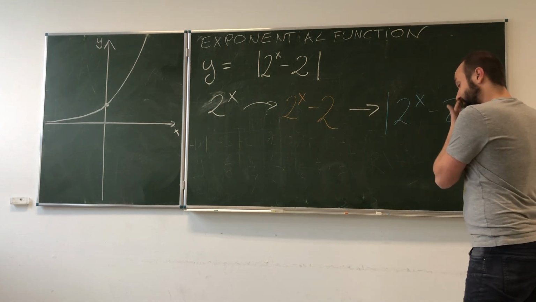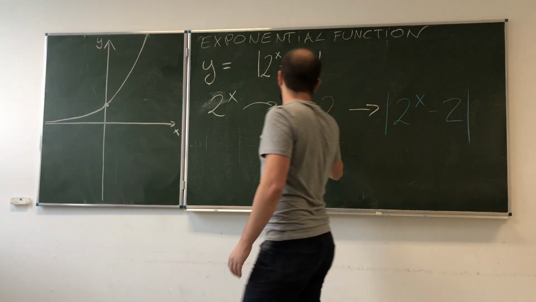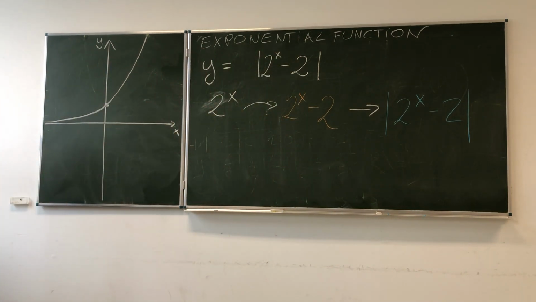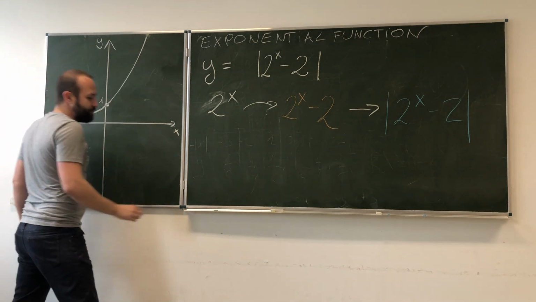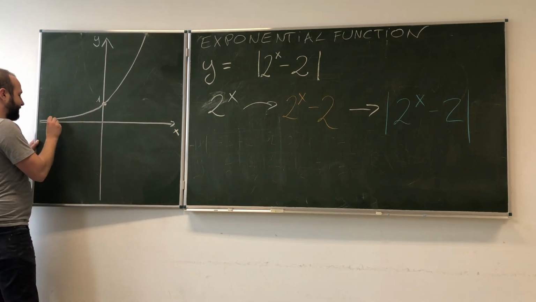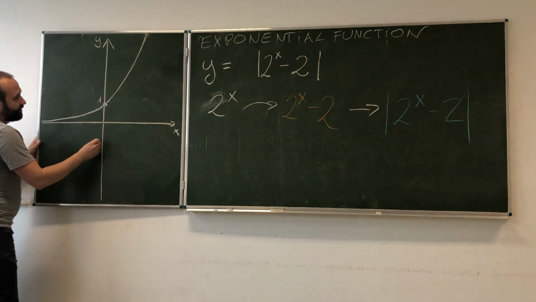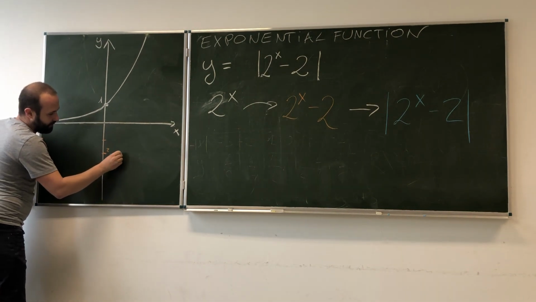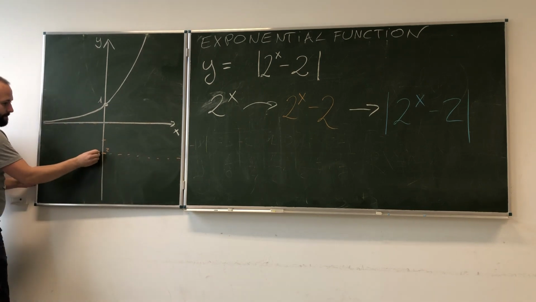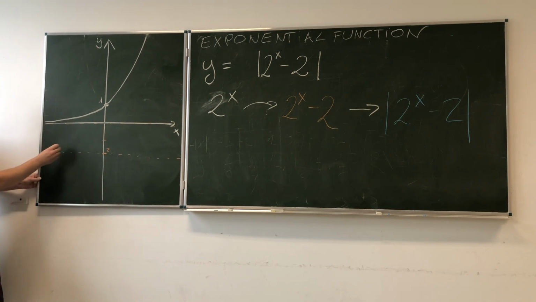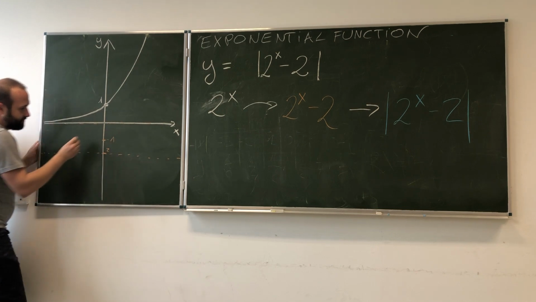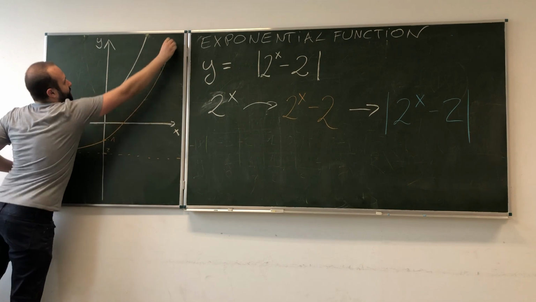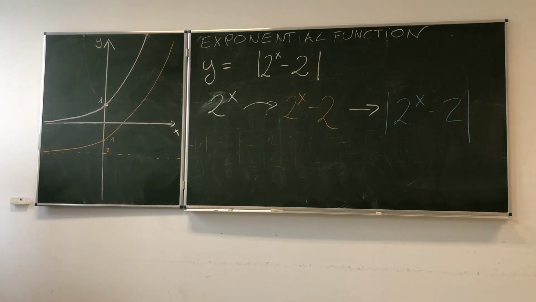So first thing we need to do here is to move this function 2 units down, right? It's actually really easy to do, as long as we remember that there is an invisible asymptote over here. So all I have to do is to move this 2 units. The new intercept is going to be negative 1, and the function looks something like this.